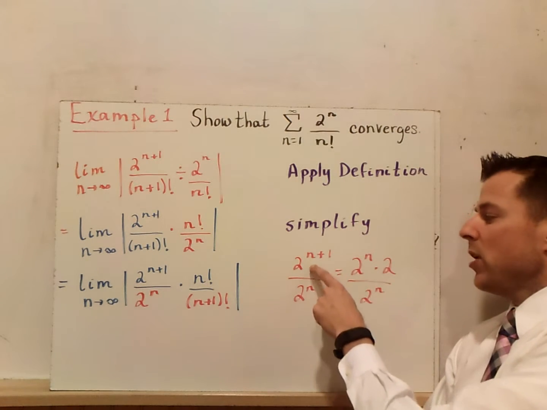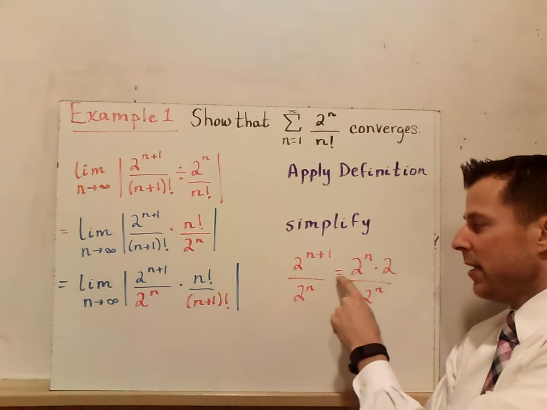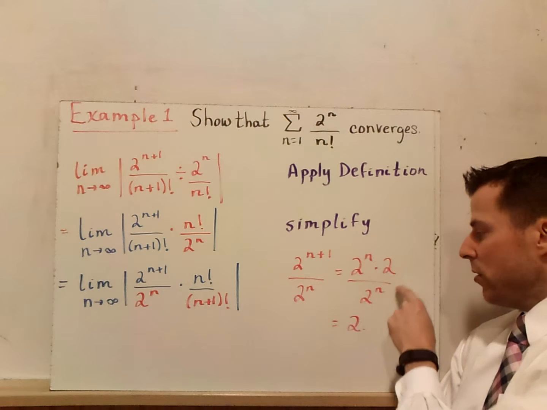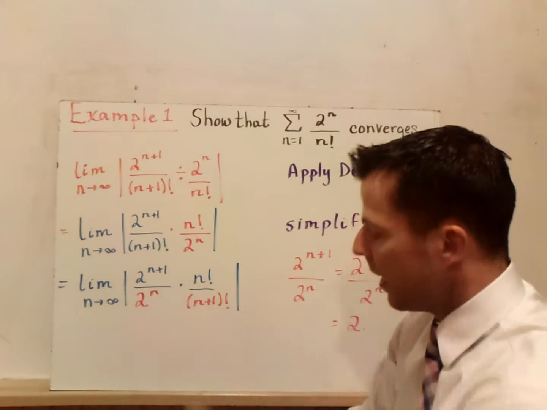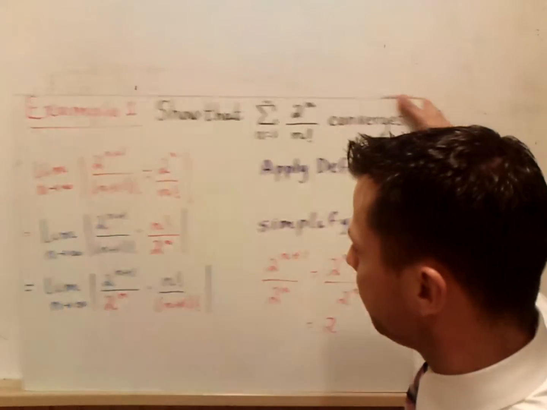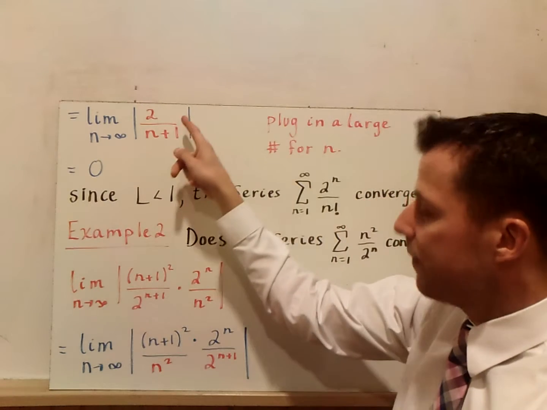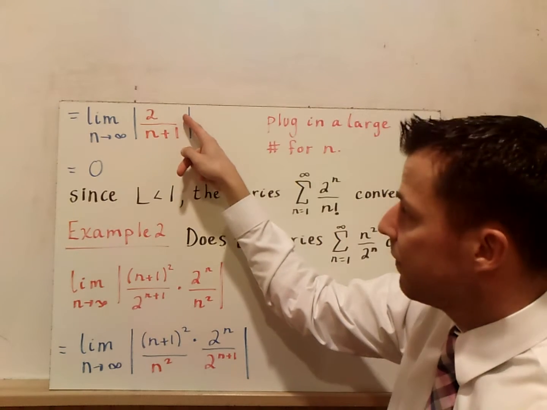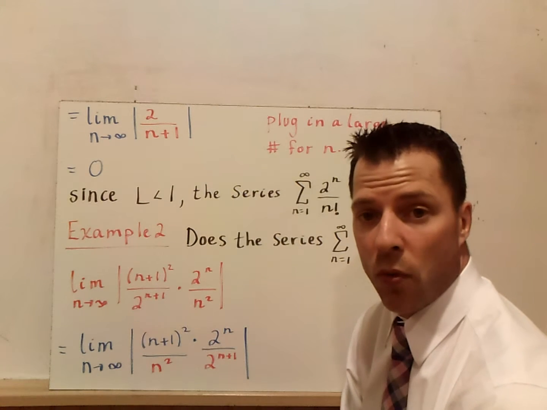Mathematically, we know that 2 to the n plus 1 divided by 2 to the n equals 2 to the n times 2 all over 2 to the n. So this is going to simplify into 2. The n factorial over n plus 1 factorial is going to simplify just to being 1 over n plus 1.